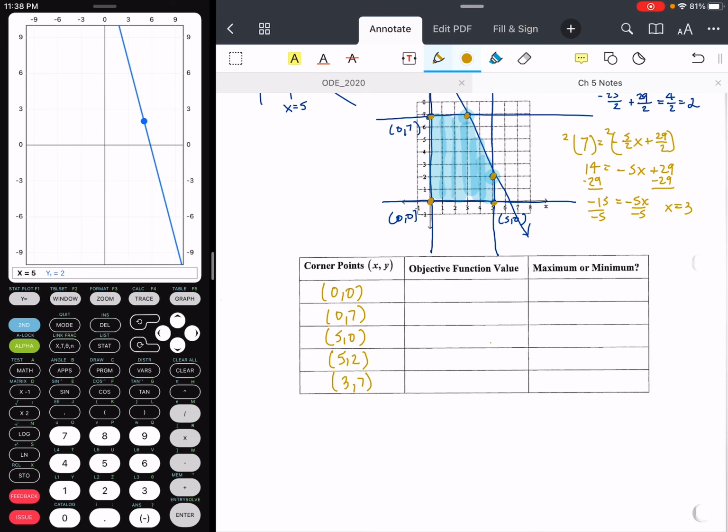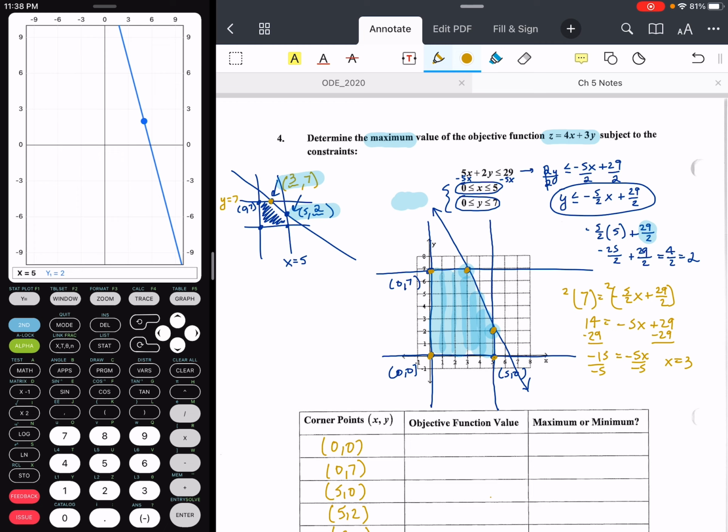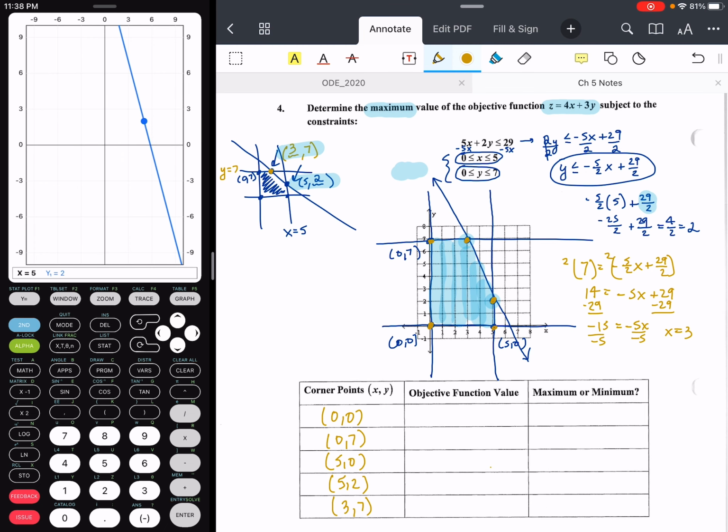Okay. So remember that our objective function is z equals 4x plus 3y. And our goal is to maximize.